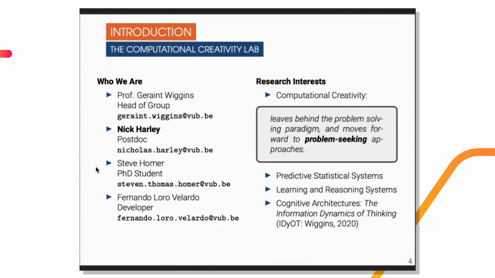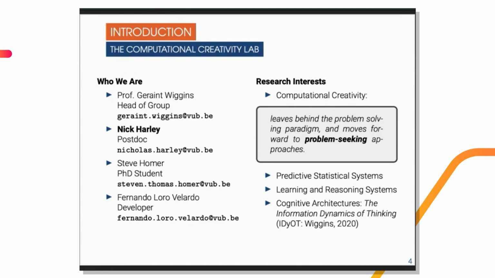He's a PhD student and he's working on kinds of spectral knowledge representation. So it involves a signal processing element and then connecting that with the more kind of knowledge representation, cognitive modeling that we're doing. And then we also have Fernando, who is with us for 3 months, and he's doing some software development for us.